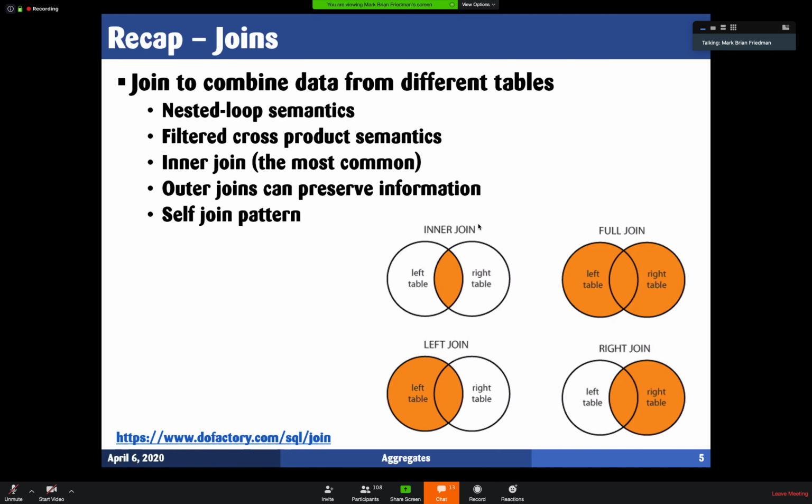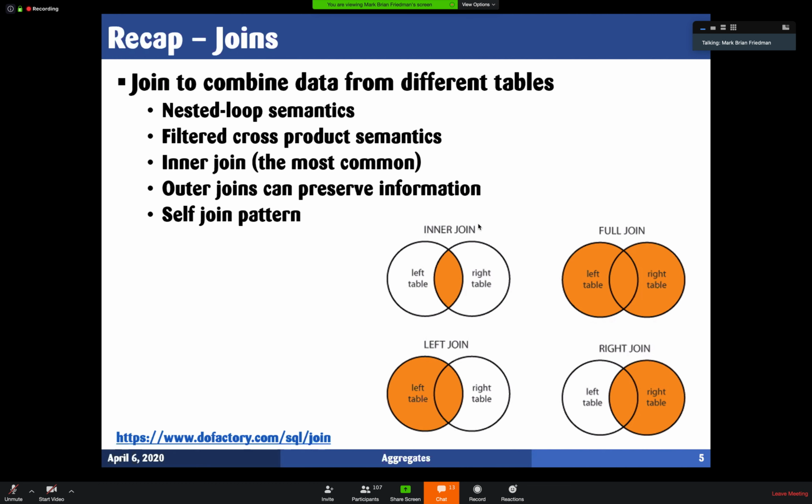Those Venn diagrams indicate that. You can do a full join, cross product kind of things. We talked about it in terms of a join and the nested loop semantics. I don't know that semantics is the best term, but that's the one we use. Nested loop algorithm basically is what they would use to calculate the product of a join.